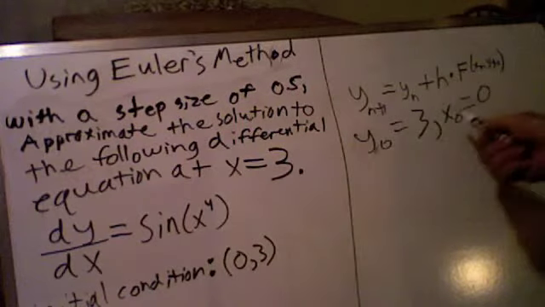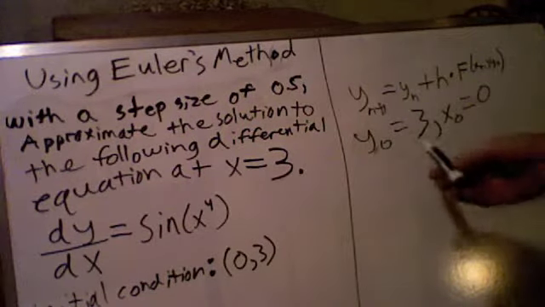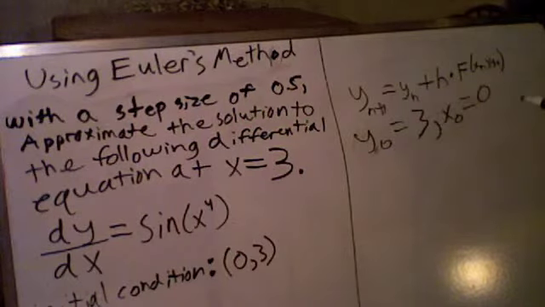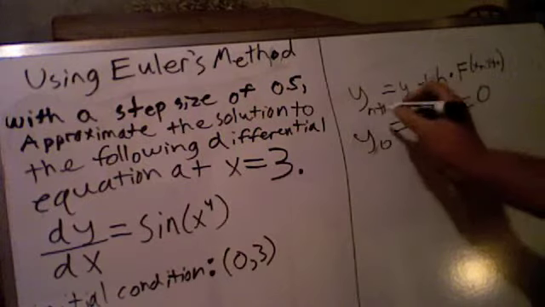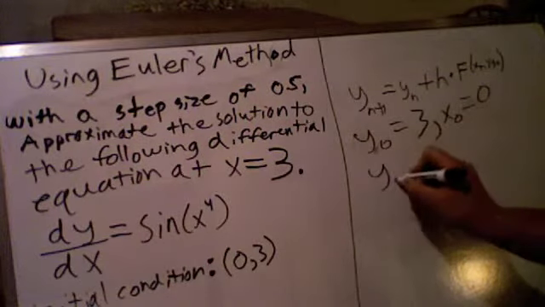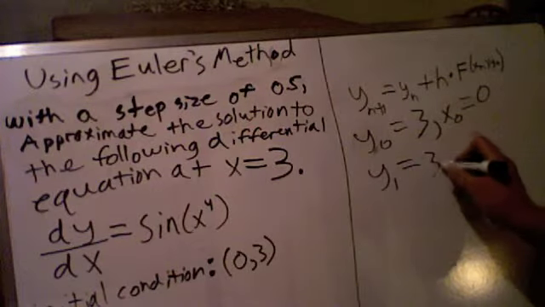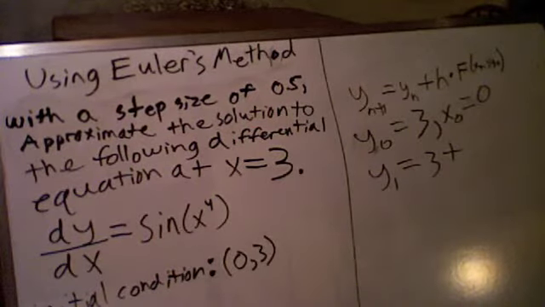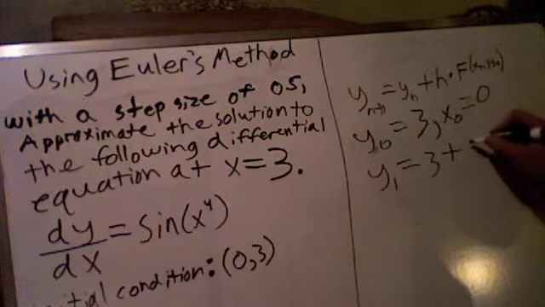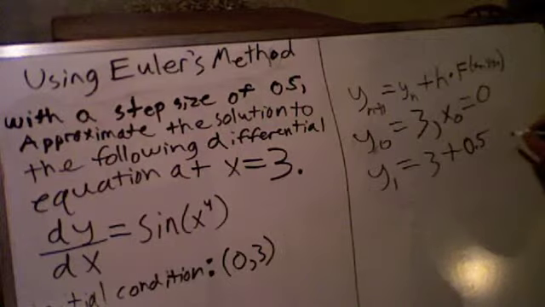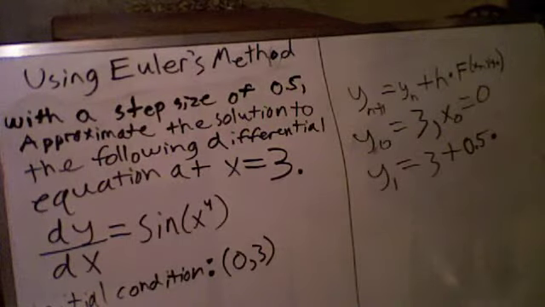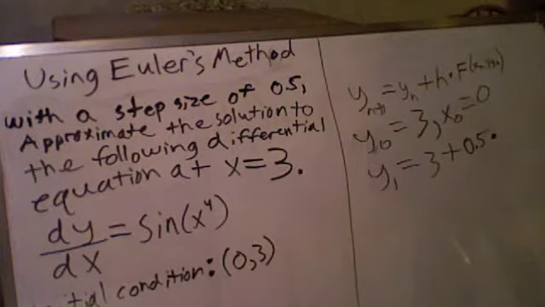So these are the values of our initial condition. Our initial y value is 3, our initial x value is 0. And so what we want to do is find y sub 1. So using this equation, we know y sub 1 equals y sub 0, which is 3, plus the step size, which was given to us in the problem, so 0.5, times the differential equation with x sub n and y sub n plugged in there.